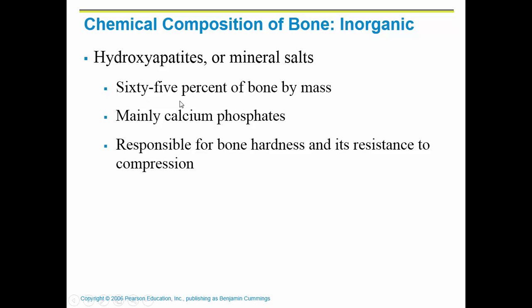It makes up about 65% of bone, mainly calcium phosphates. We need this calcium for nervous system communication and also muscle contraction. And I already mentioned that it gives the bone the hard, compact, solid characteristics.